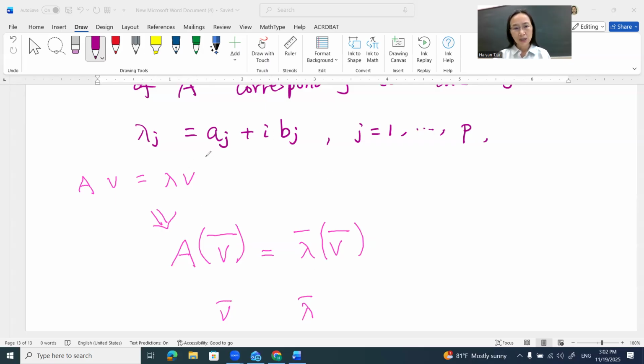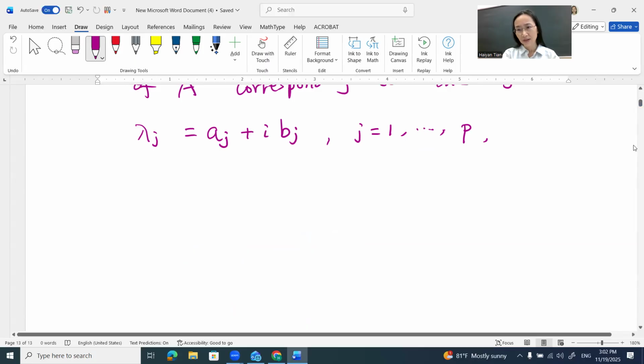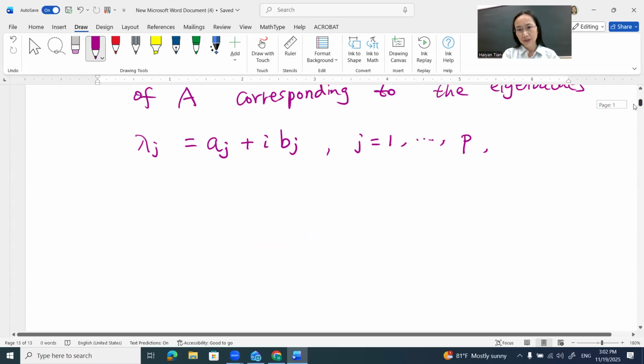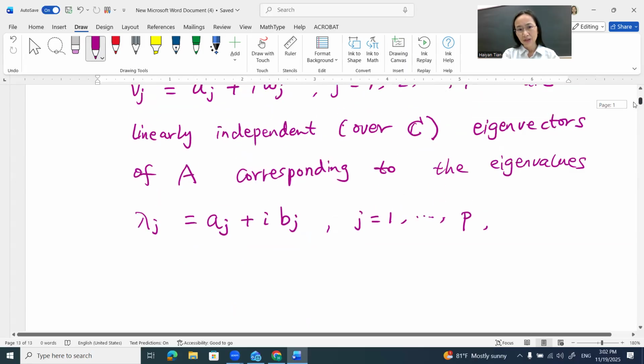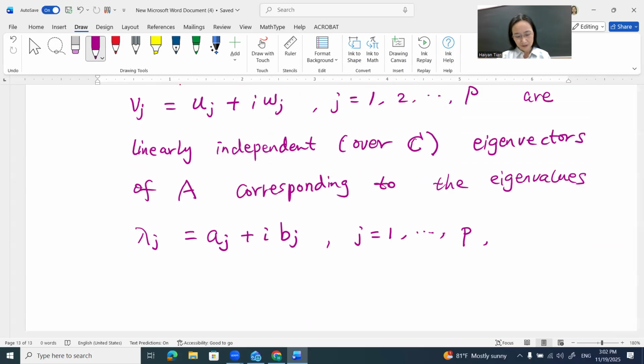So whenever lambda, V is an eigenpair for the matrix A, then lambda bar, V bar is also an eigenpair for the real valued matrix A. Because of that property, whenever we have a complex eigenvalue, its conjugate is also an eigenvalue. And whenever we have a vector as an eigenvector for A, then the conjugate vector is also an eigenvector.